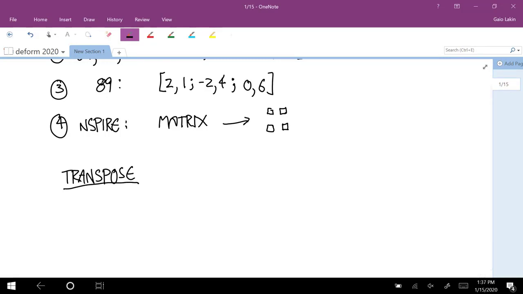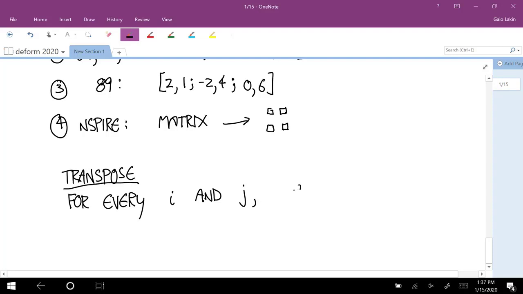The way you do a transpose of a matrix is, for every i and j, the ijth element of your new matrix is the jith element of your old matrix. The effect of that is you're changing rows to columns and columns to rows.